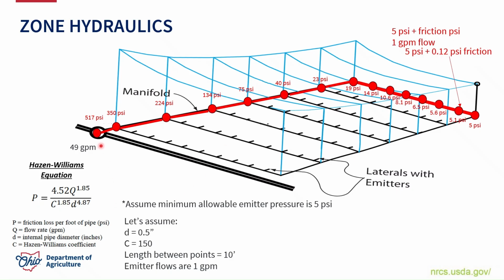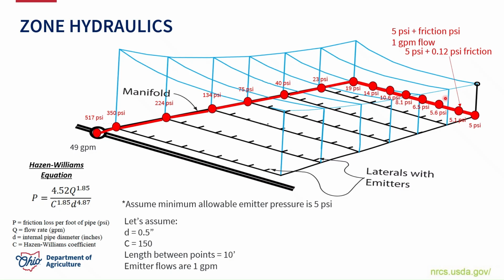Using the Hazen-Williams equation and assuming a pipe diameter of half an inch, a Hazen-Williams coefficient of 150, and 10 feet between each point, between each emitter, we can come up with that for each section. For this first one, we have 5 psi, and that friction loss comes out to 0.12 psi.